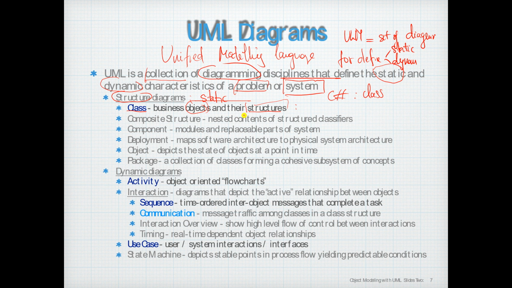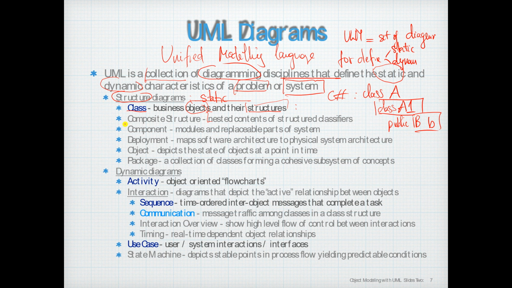Composite structure is the nested contents of a structure classifier. It means that you have class A, and inside class A you define class A1, so it is a composite structure. Or in class D you have a property, for example a public class B, also named B, which is a nested structure.